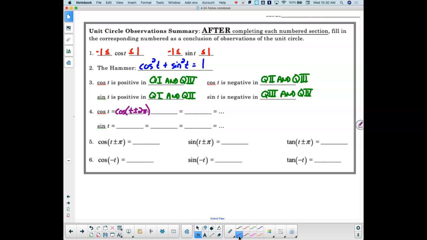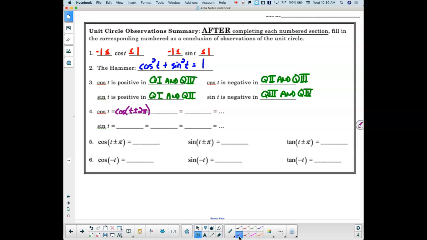Because if you think about the unit circle, if I'm here on my unit circle and I go another 2 pi radians around in either direction, the positive direction or the negative direction, I've gone one more loop. I've gone one more lap around the circle, which puts me back at the exact same spot.